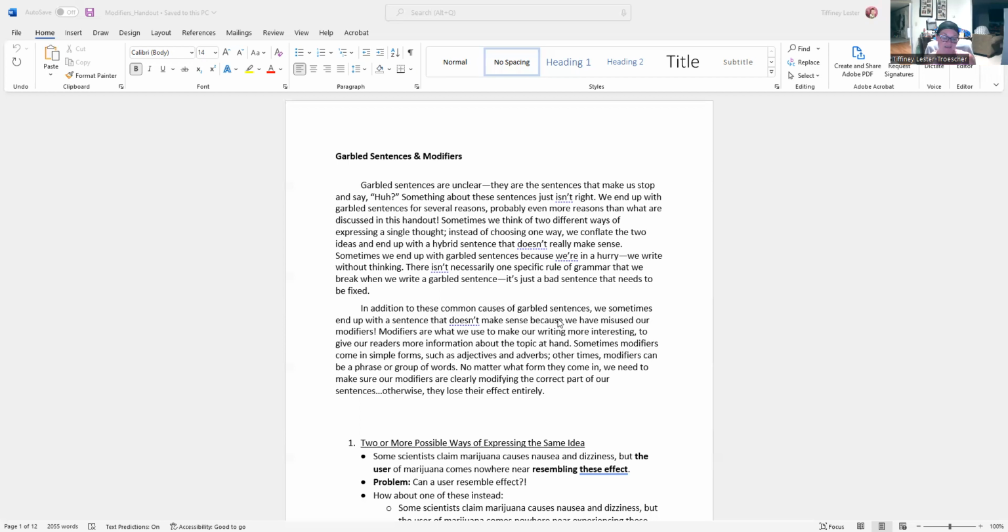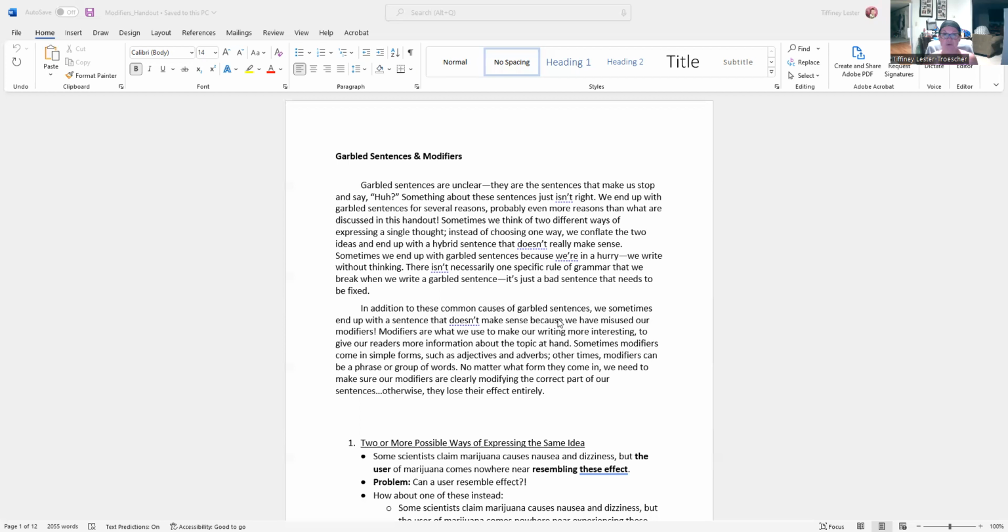And in addition to those types of sentences where we end up with confusion because we just haven't worded it in a way that makes perfect sense, we can also end up with confusing sentences because we have misused modifiers.